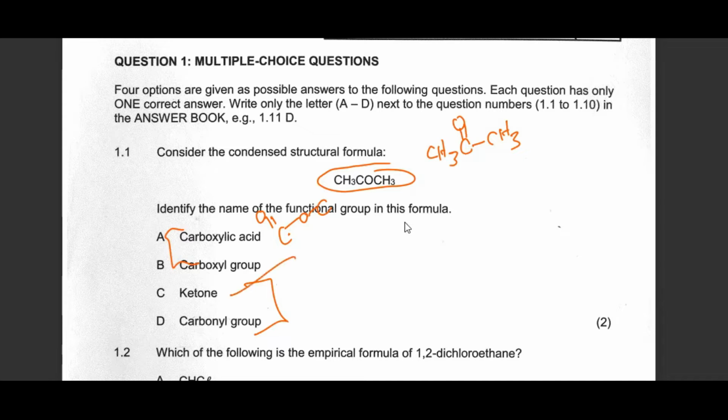For a ketone, we expect the carbon atom to be in the middle of two alkyl groups. So there must be another carbon atom this side, another carbon atom this side. Therefore, this becomes a ketone.